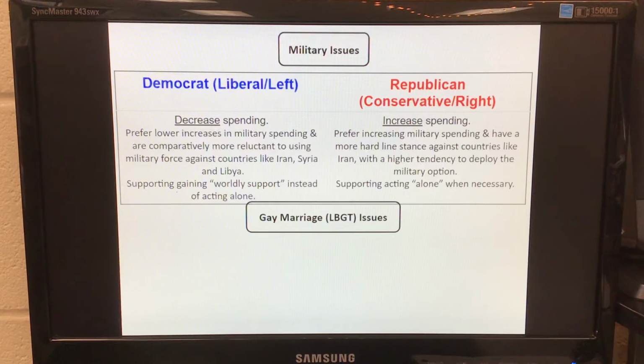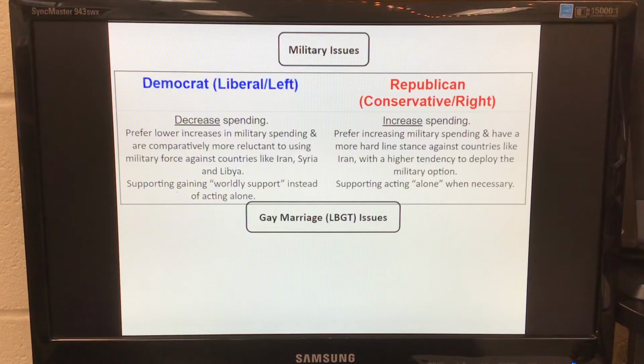They also are much more willing to act alone, meaning, we don't care what all the other countries think, this is what we think needs to happen, we're gonna do it. Whereas the Democratic Party, although they are supportive of the military, please don't misunderstand, okay?